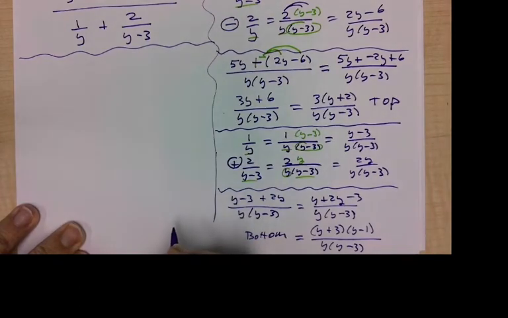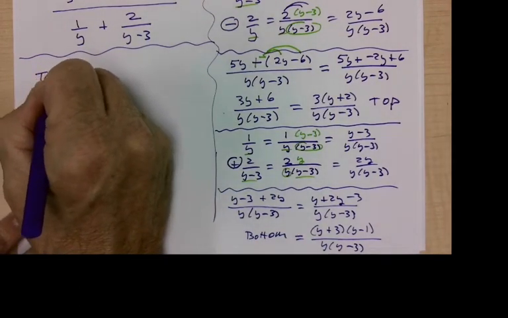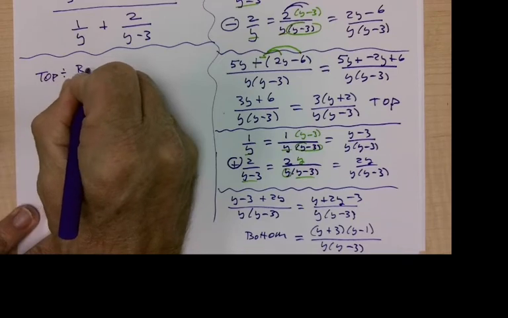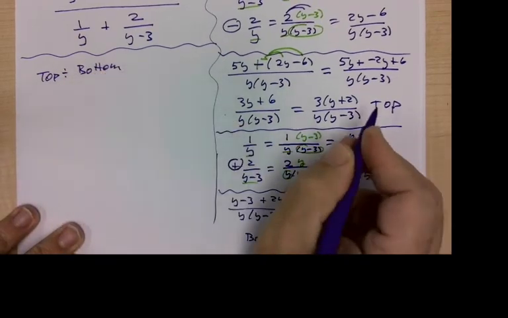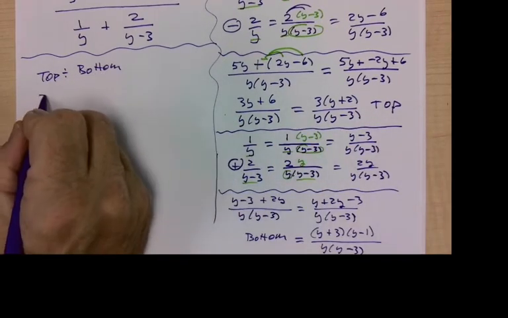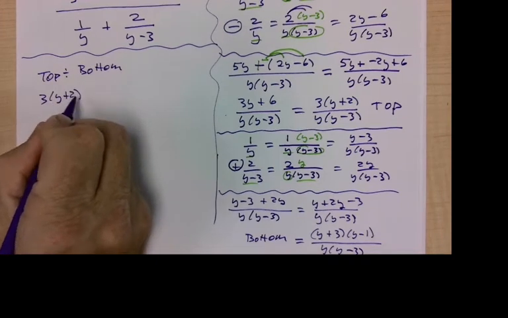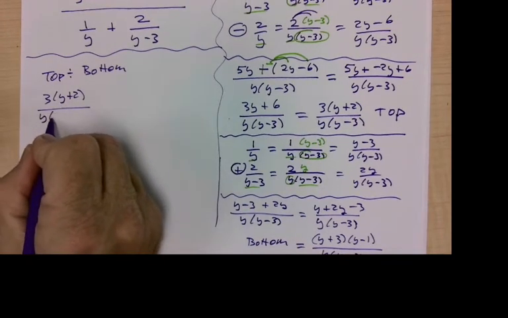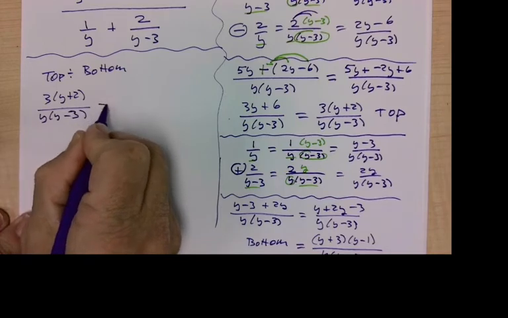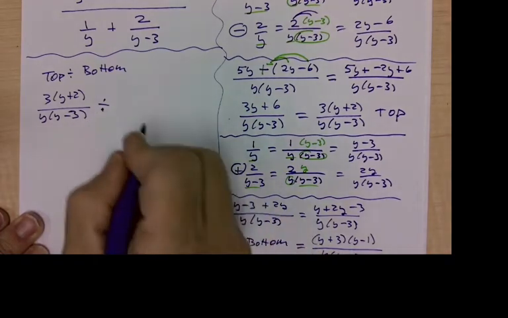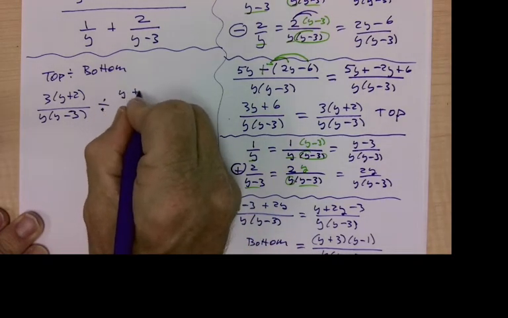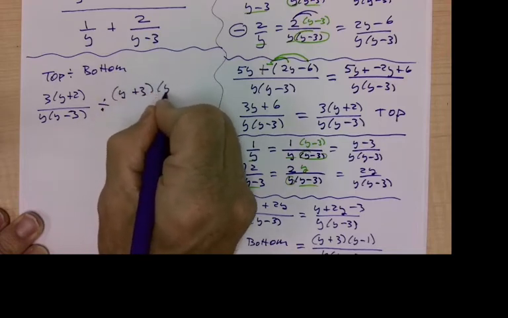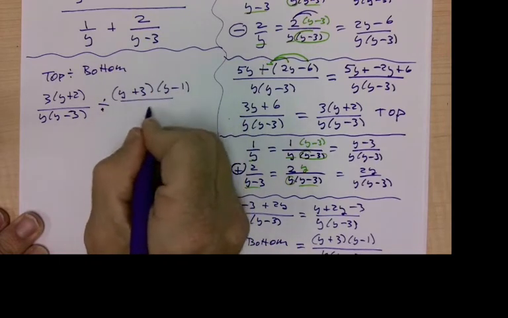So that's my next move, top divided by bottom. Top, 3 times y plus 2 over y times y minus 3 divided by the bottom, y plus 3, y minus 1 over y times y minus 3.